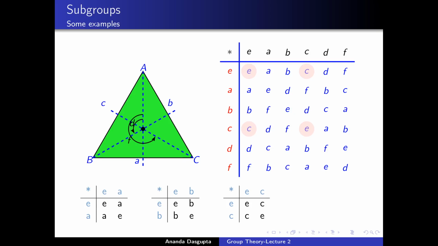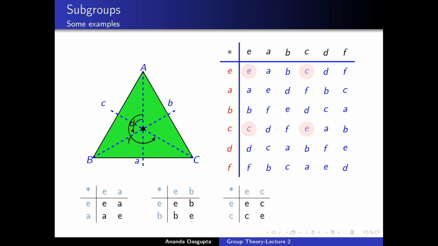The only thing that changes from one example to another is if you replace, for example, the A here throughout by B, you are going to end up with this table. Or if you replace the B here throughout by C, you will end up with this table. So in a sense, they are essentially the same group, just with the elements labeled differently.